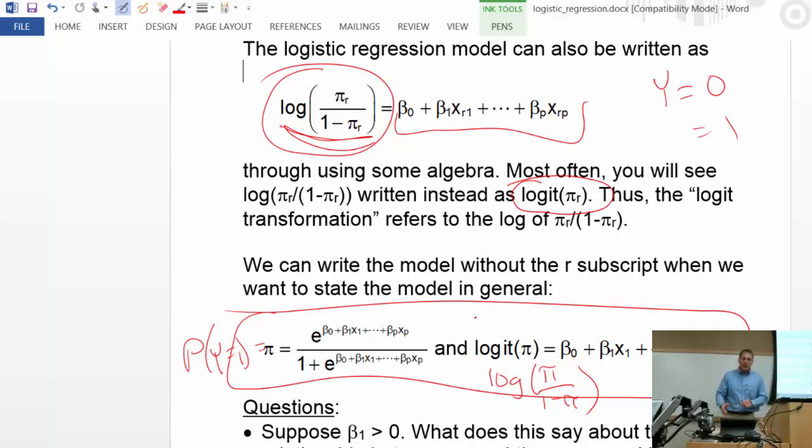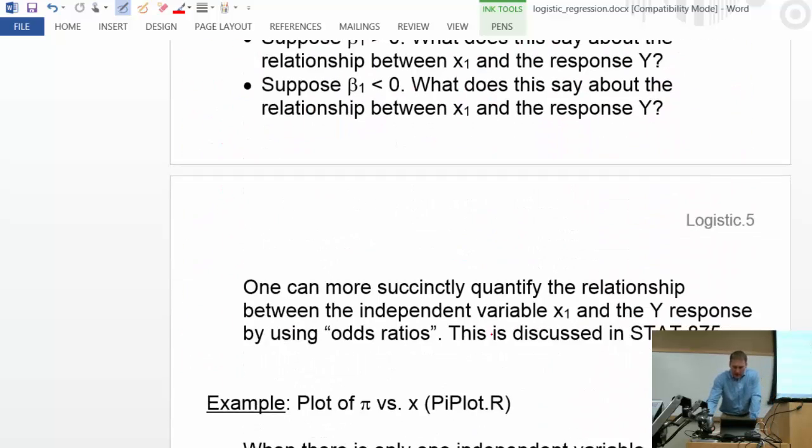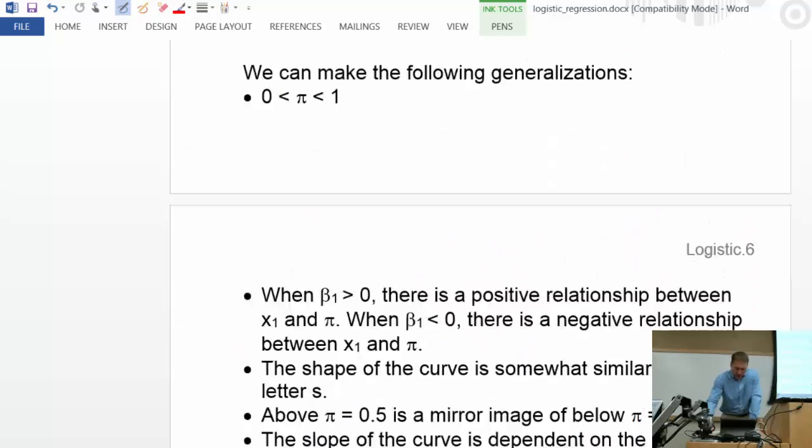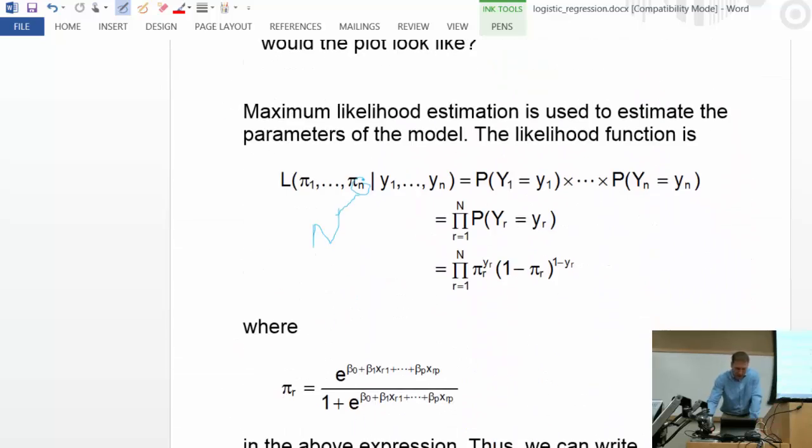So now we need to talk about, well, how do we estimate the model? We estimate the model using maximum likelihood estimation. We've seen maximum likelihood estimation before, and in fact, we've seen it in the context of a Bernoulli distribution when we first introduced maximum likelihood estimation in the factor analysis section. So this is what our likelihood function essentially looked like in that section. Please note this small change there.